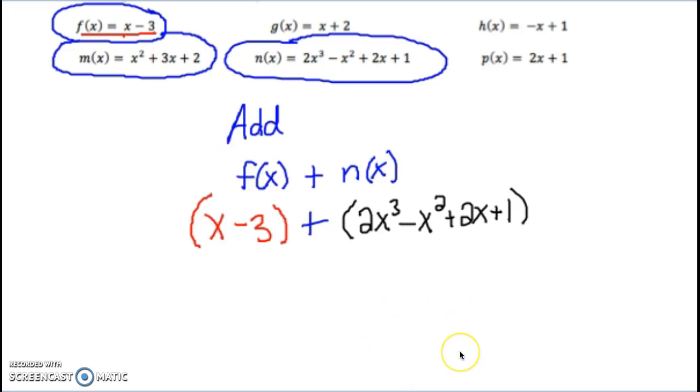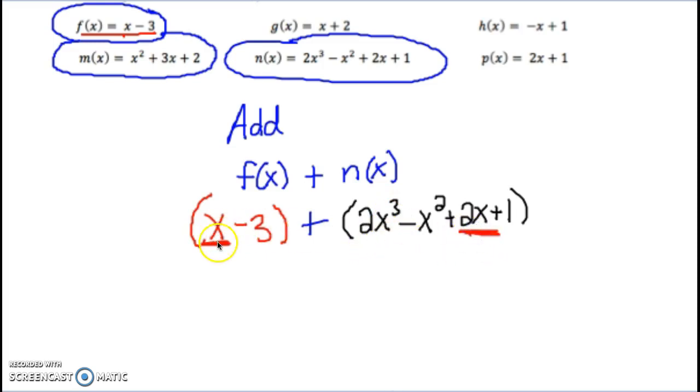When we add these two functions, because we're adding, we're only combining like terms. If you want to go in this order, you can ask, do I have any other x's? I do have a 2x. I can't add an x to an x to the third, because this is like saying I have one apple, and x to the third is not another apple.